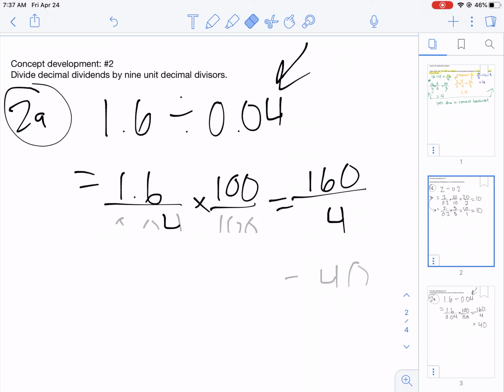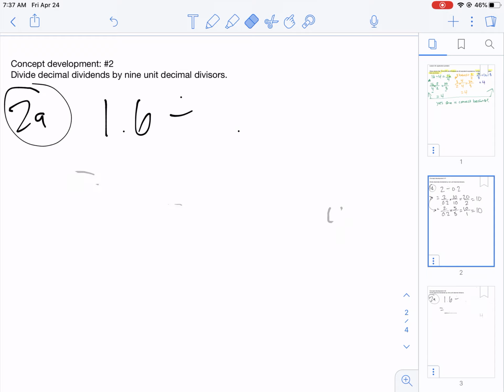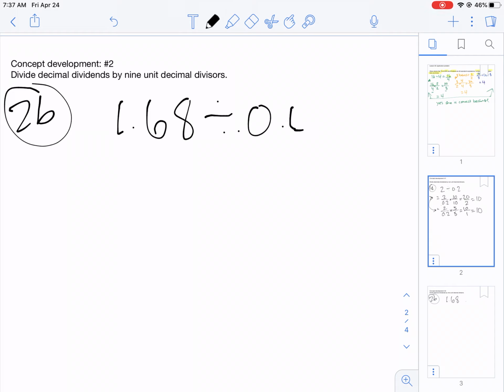Okay, here goes B. We have 1 68/100 divided by 4 hundredths. What is the next step, everybody?